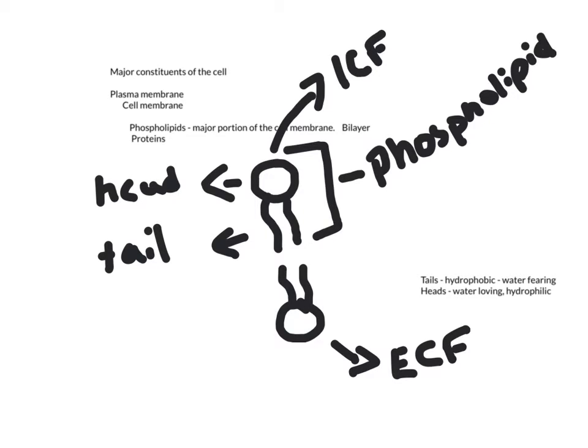So one will wrap around the inside of the cell, and then the other will be touching the outside of the cell. So the heads are going to interact with the fluid, and then the tails are going to interact with each other. And the way this is set up is really nice, because the fact that the tail has hydrophobic properties allows certain proteins to be integrated into that plasma membrane, okay?